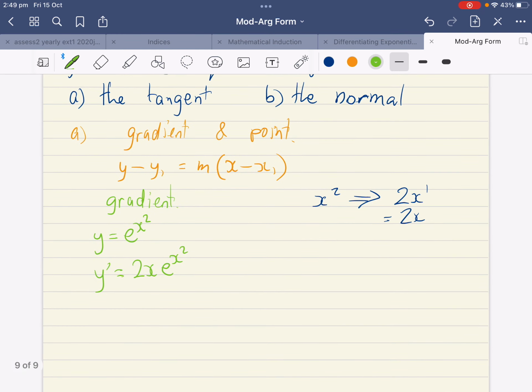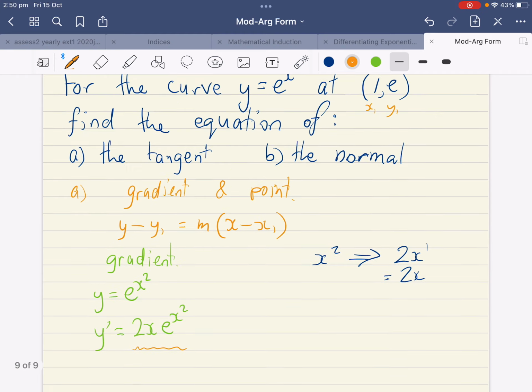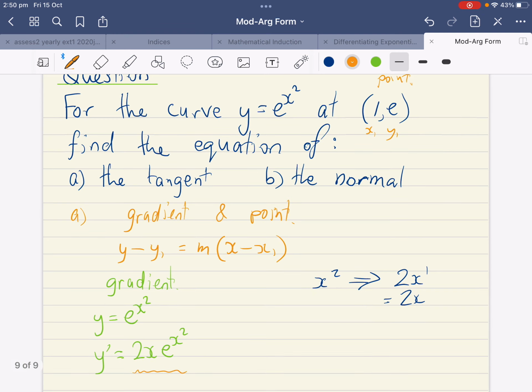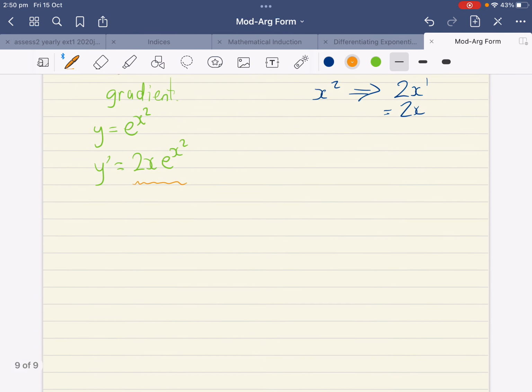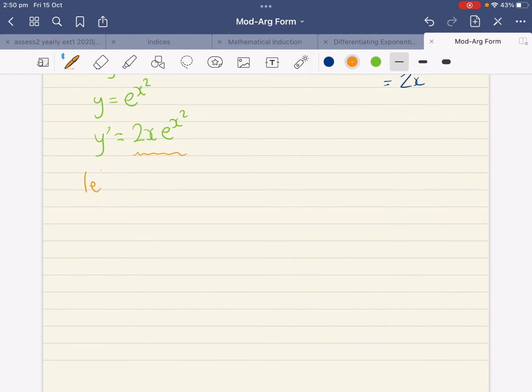Why do we want to differentiate? Well, because any value of x we put into this derivative right here will give us the gradient at that point. So if we want to know what the gradient is of the tangent at (1, e), what is the x value? It's 1. What we're going to do is let x equal 1, because that's the x value at the point.